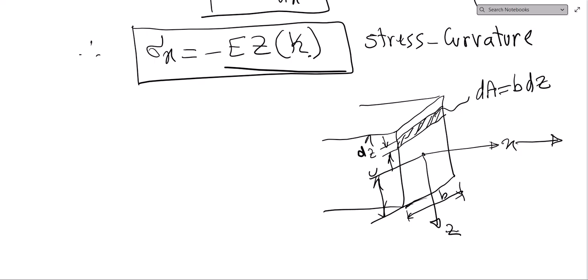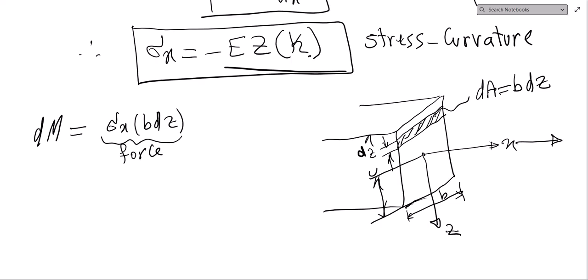Now, the moment for this differential, let's call it dM, is the force, which is sigma x times this area, dA equals b dz. This is my differential force, dF, acting on this differential element here.